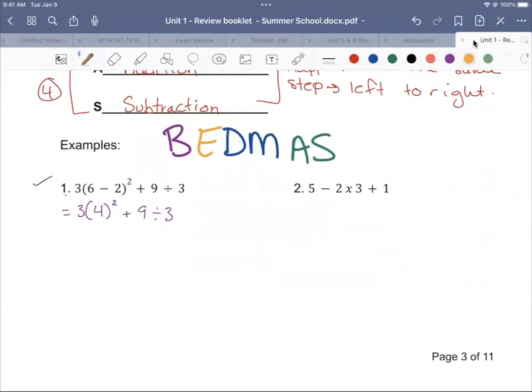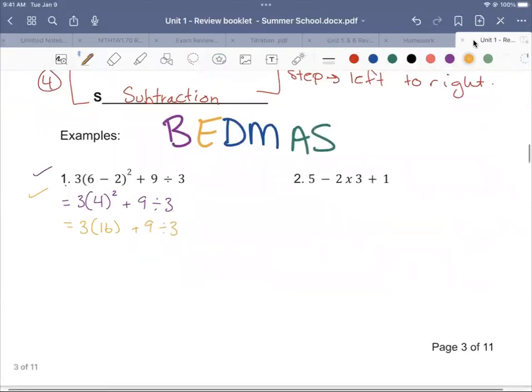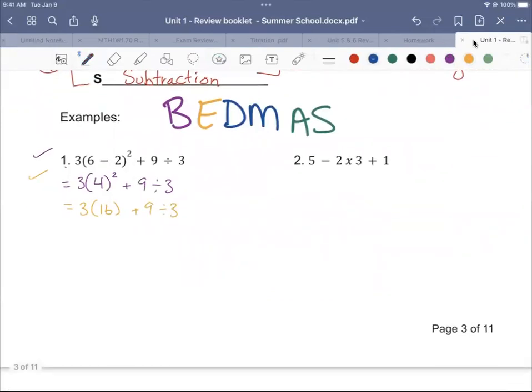If I take a look at exponents, I do have exponents, which is now going to be my step 2. 3 times 4 to the power of 2 gives me 16 plus 9 divided by 3. Now I'm going to take a look. I do have division and multiplication, and this time I'm just going to move from left to right because I have both. And whenever you see a number beside brackets, that just means multiply the two together instead of us writing the multiplication sign.